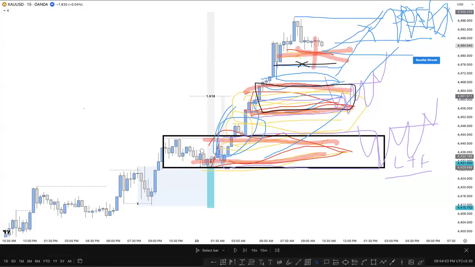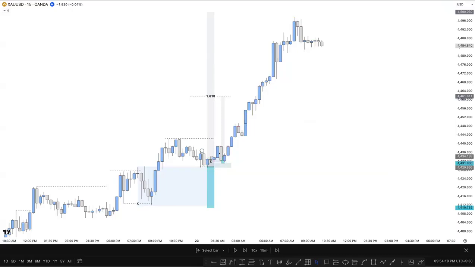Okay, perfect. Yes, perfect. First thing is that price should take out the inducement. This one is here because this one is a pullback.